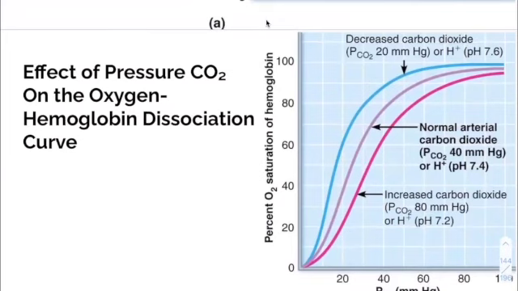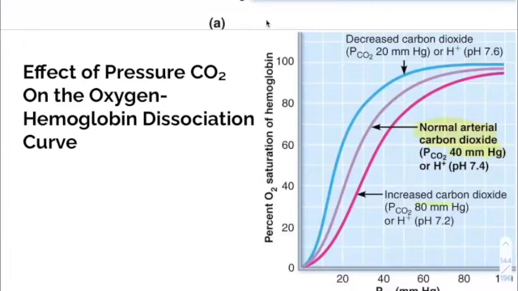Pressure of carbon dioxide is another determinant of hemoglobin's affinity for oxygen. So the purple line is our normal arterial carbon dioxide. That gives us our 40 millimeters of mercury of pressure of carbon dioxide.